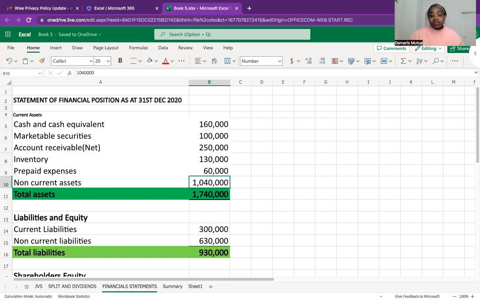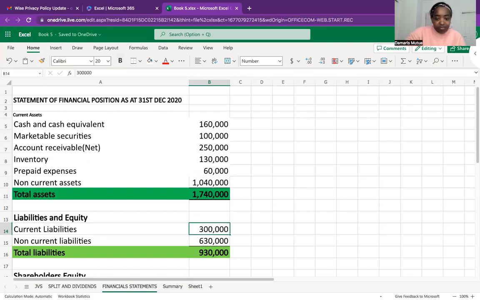Another mistake is when it comes to non-current assets, the depreciation. Are we depreciating our non-current assets the way we're supposed to? If it's motor vehicles, the policy of the organization says we depreciate over a period of 4 or 5 years. We need to make sure that we're depreciating monthly and posting the depreciation expense as expected, so that the value that appears on the balance sheet is net of depreciation.